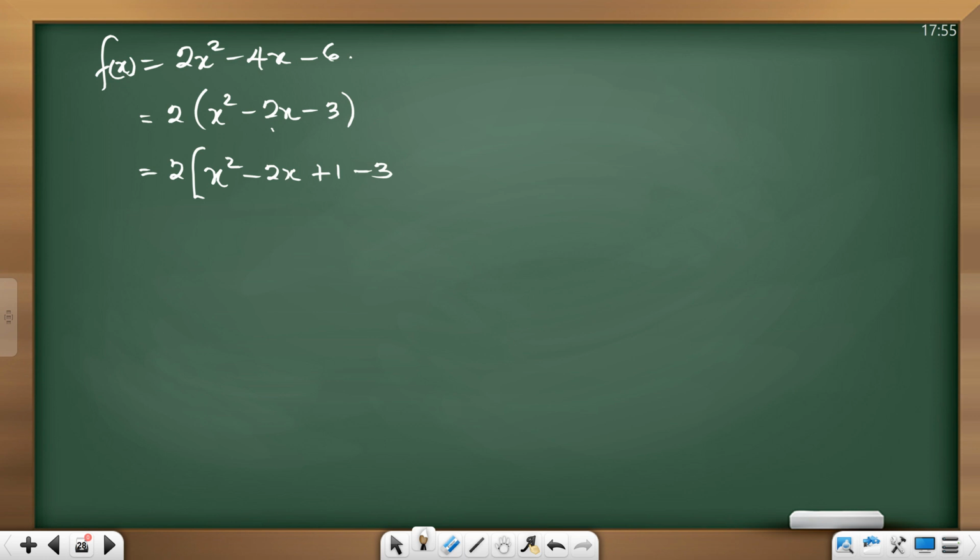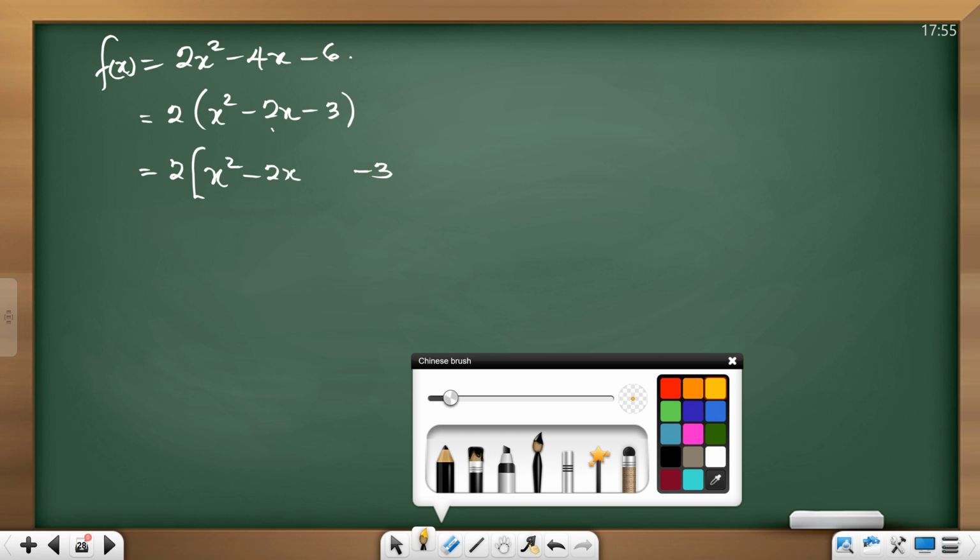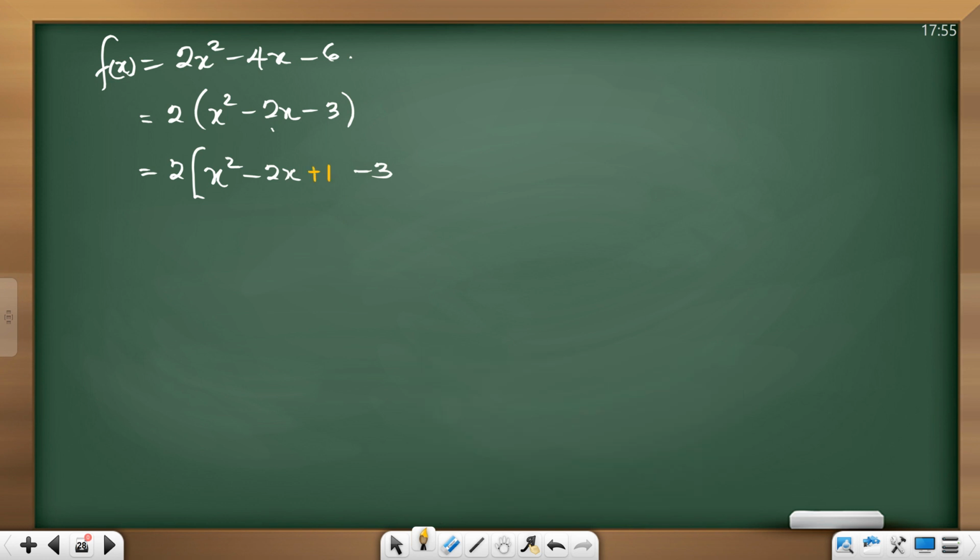What's different? Because I added 1. Do you see I added 1? Where did I get that 1 from? Coefficient of x divided by 2 and then square it. In order to make this equation the same, what do I do? I added 1. What should I do? Subtract 1.